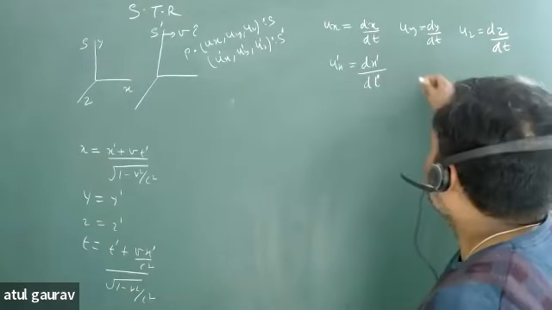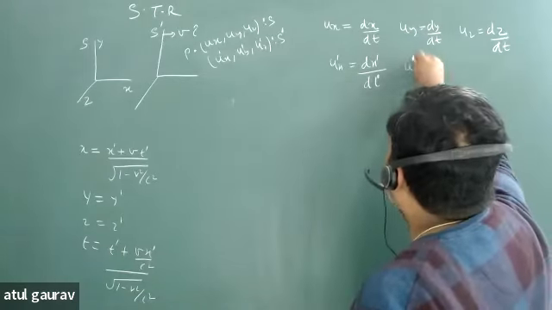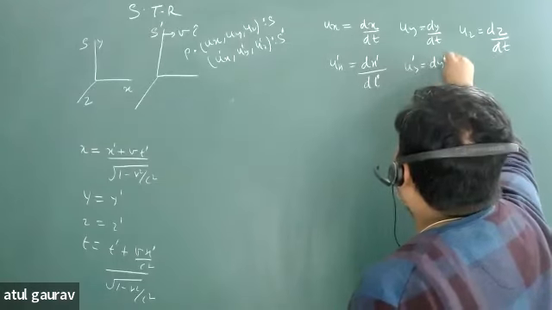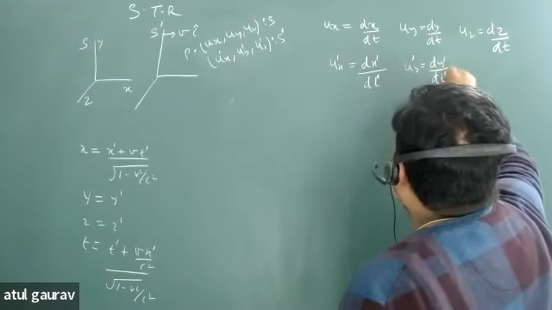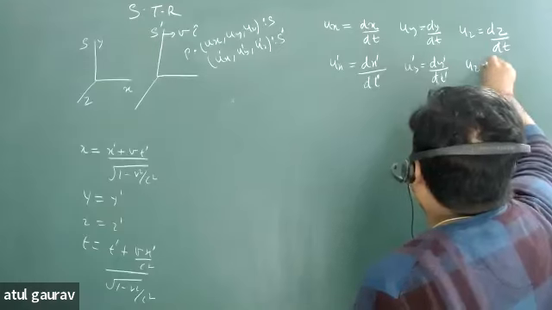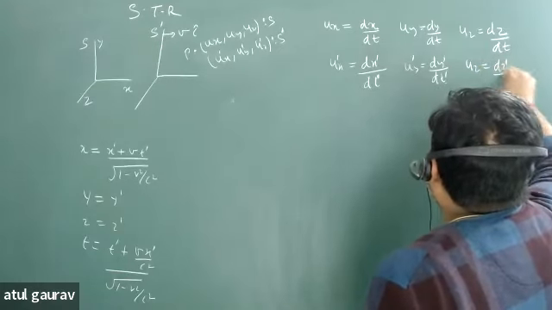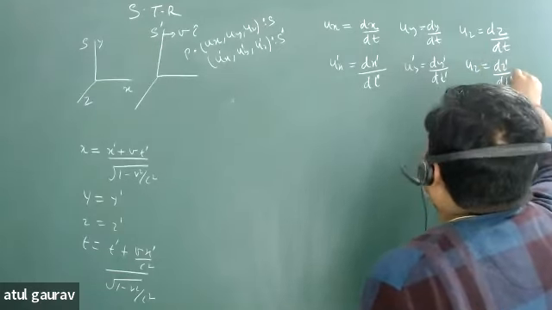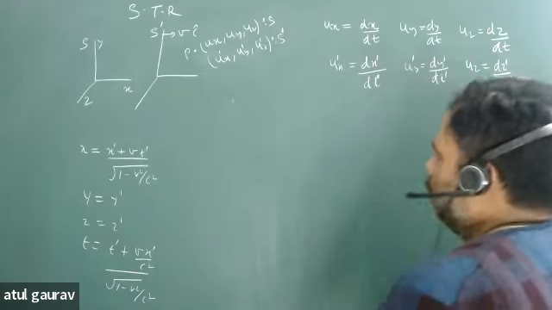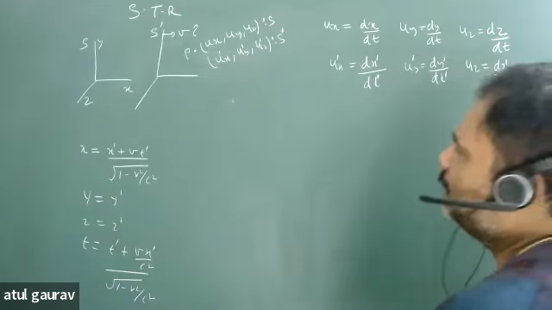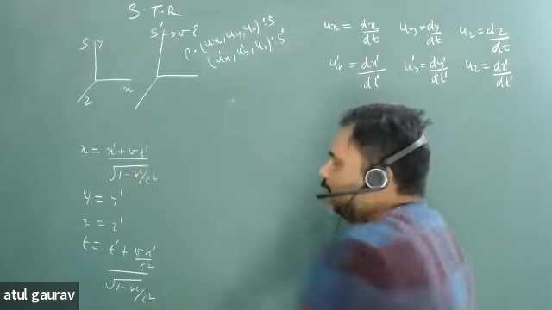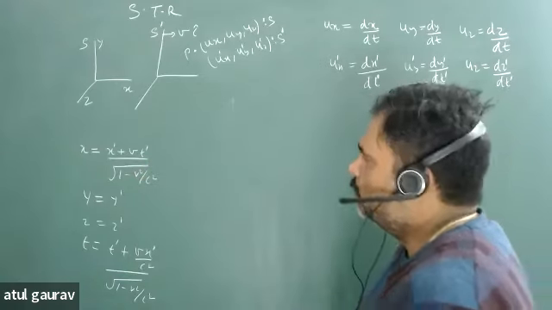And similarly, what will be your uy dash? That value is dy dash upon dt dash. And for uz dash, that will be dz dash upon dt dash. So now we are using this particular fact, so we are just differentiating the transformation on both sides.